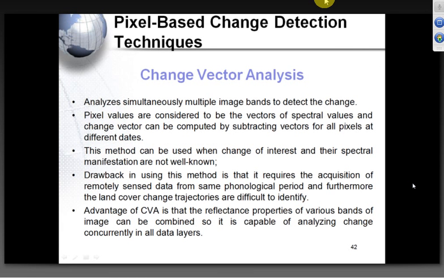So this technique basically analyzes the multiple image bands to detect the change. Pixel values are considered to be the vectors of spectral values, and the change vector can be computed by subtracting vectors for all pixels at different times.